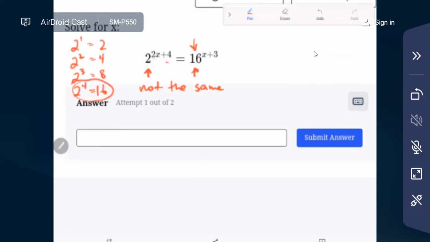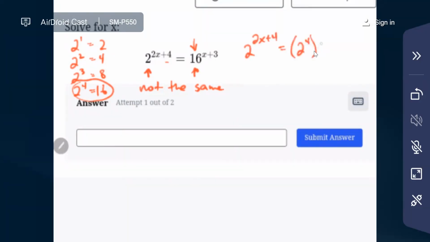So I can rewrite this as 2x plus 4 on that side equals, and I'm going to write 2 to the fourth power instead of 16. And now I'm going to use my properties of exponents, which says I should multiply these two.